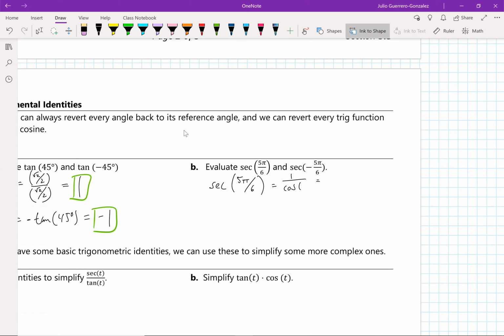We have an angle to play with, right? This is going to be equivalent to 1 over negative root 3 over 2, right? So then this is equivalent to 2 root 3 over 3.